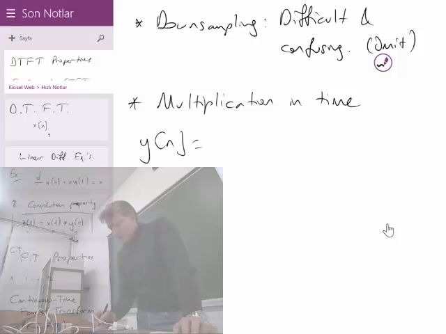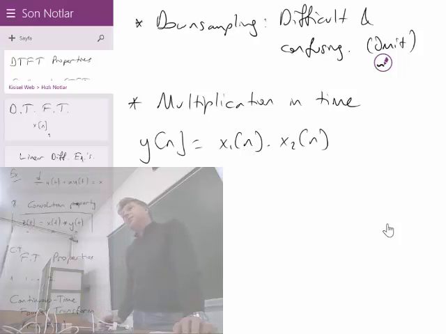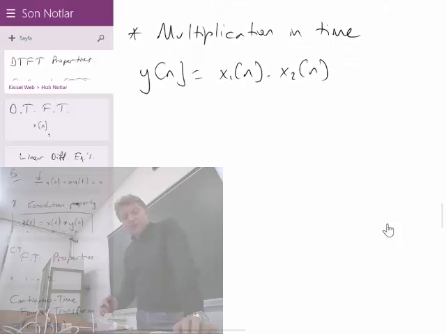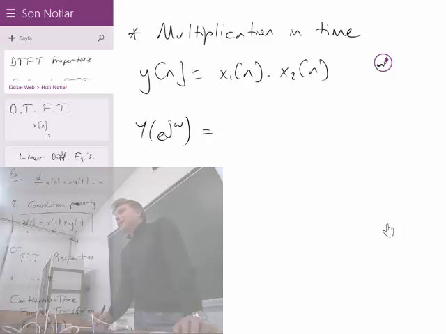For example, if y of n is equal to x1 of n times x2 of n, which is a multiplication in time, then what is the discrete time Fourier transform corresponding to y? Remember that we were writing the discrete time Fourier transform in this notation, e to the j omega, but that's Y of omega. Now that is a 2 pi periodic convolution of two 2 pi periodic signals. And the mathematical expression is this.